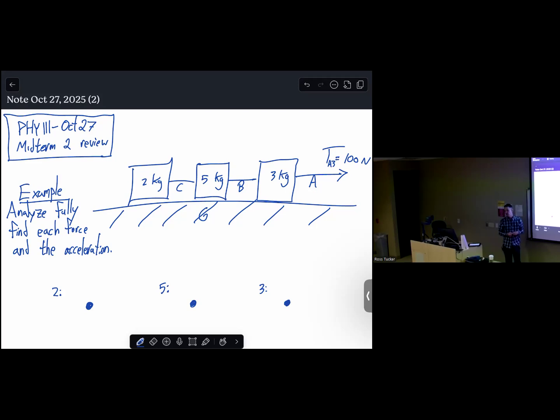Okay, so example question uno. List every object acting on the 2 kilo box. On the Google form, question A, every object acting on the 2 kilo box.